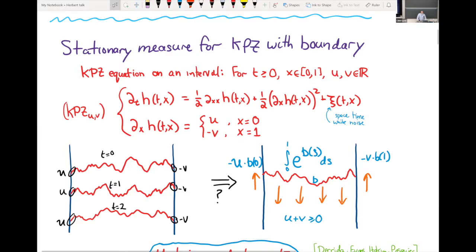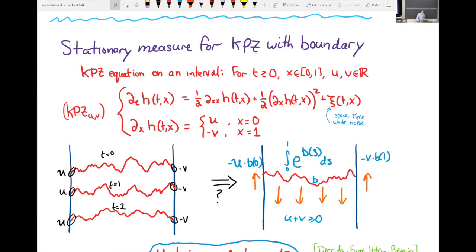There's a Laplacian, which is a smoothing mechanism, a nonlinearity, which says that depending on the local slope, you might have a different rate of growth. And then the very important space-time forcing. So what this really means is there's some smoothing, there's some roughening, and then there's some stochastic forcing. And we'd like to understand how it behaves.